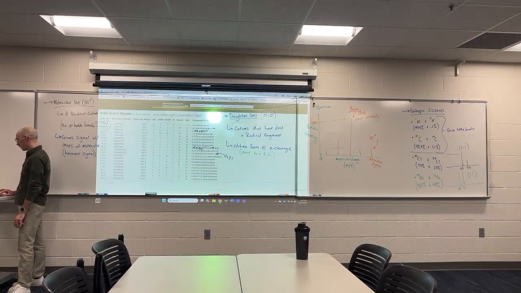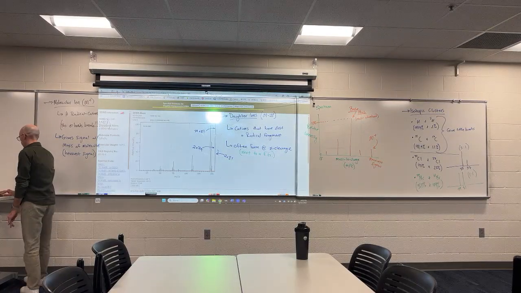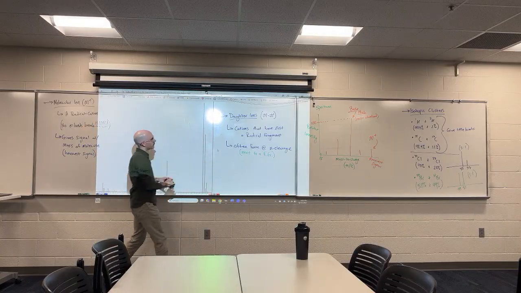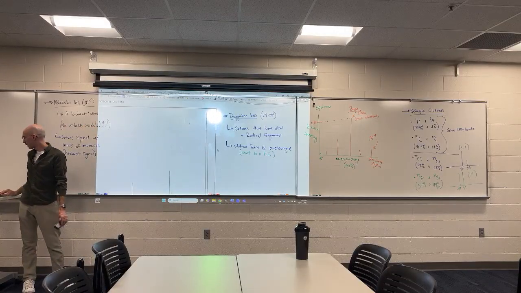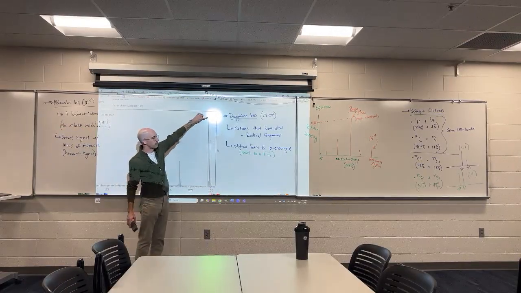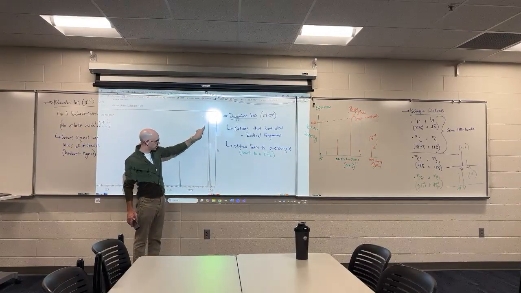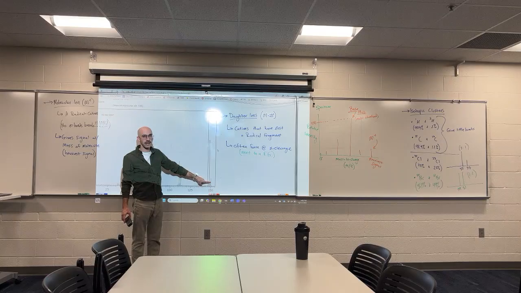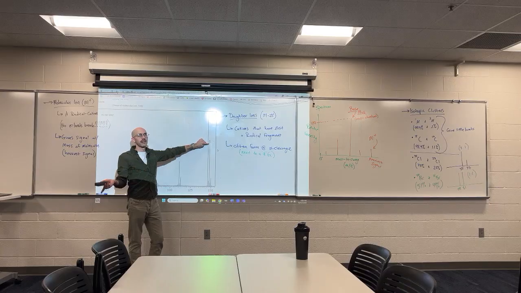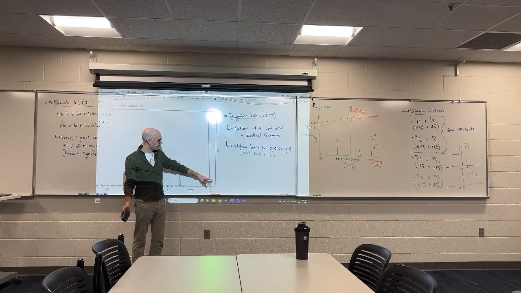When two chlorines are present, maybe it doesn't look as bad. Here's the isotopic cluster that two chlorines presents. This is if they're both chlorine 35, if they're both chlorine 37, or if one of them is chlorine 35 and the other is 37, or one is 37 and the other is 35. That's the cluster that you get.